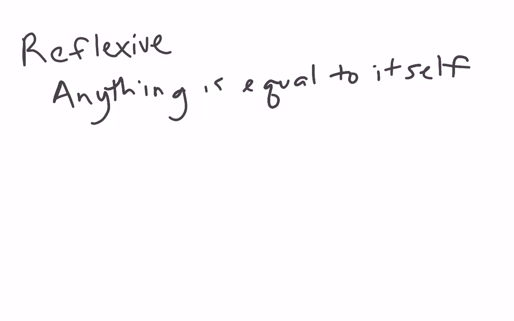So for instance, we can use the equals or congruent symbol. If I have the segment AB, it's equal to AB. It's literally just equal to itself. Or I can say it with congruent, which I think we've talked about, but congruent is like the equals with the tilde over the equals.